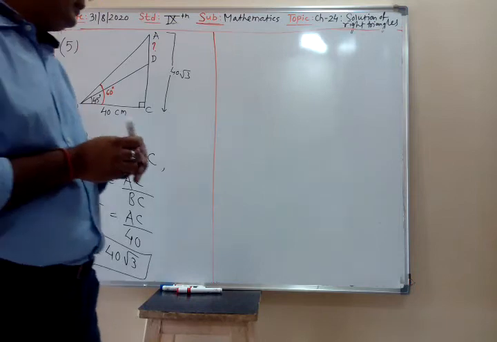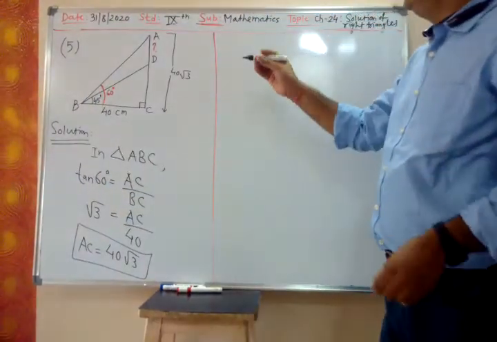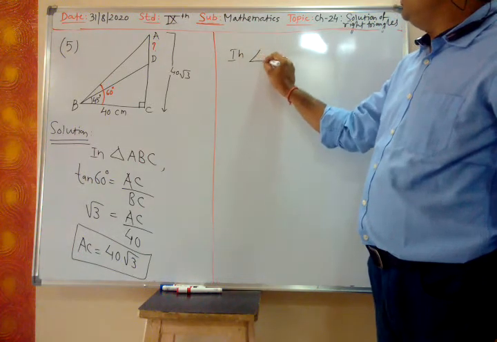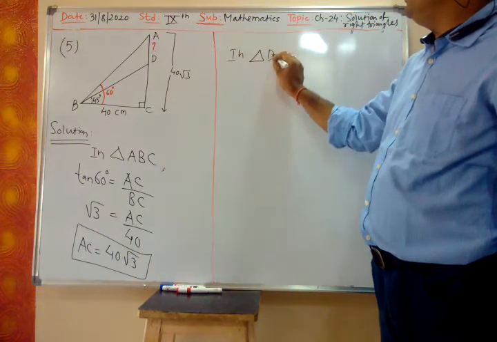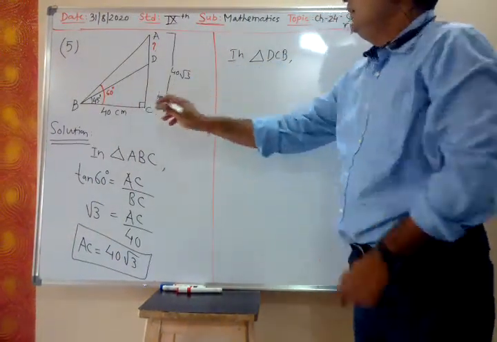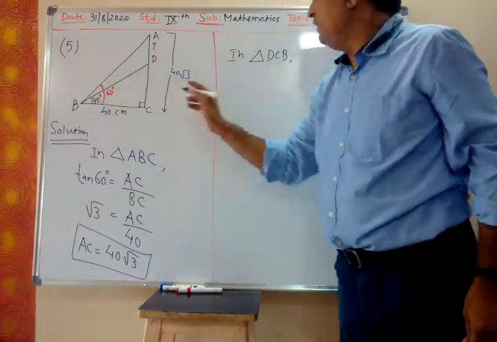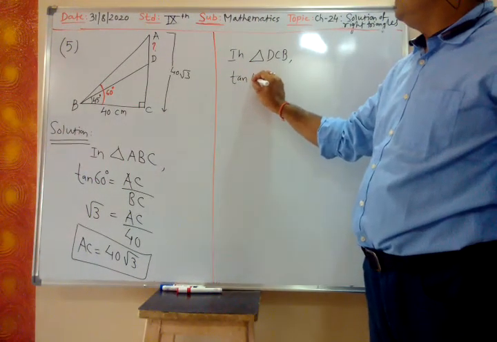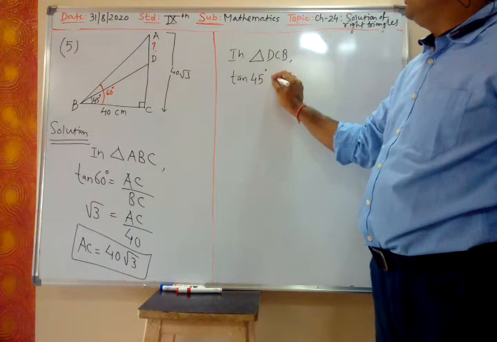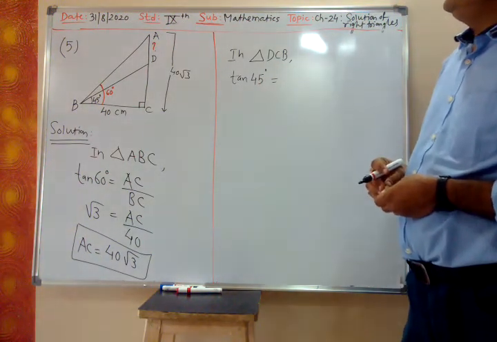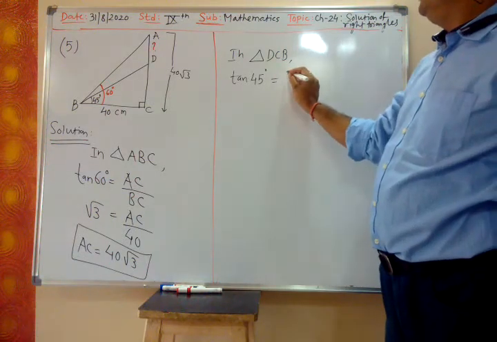Now let us consider the smaller triangle. In triangle DCB, right angle triangle, my reference angle is B, 45 degrees. So again we write tan 45 degrees. What is tan 45 degrees?